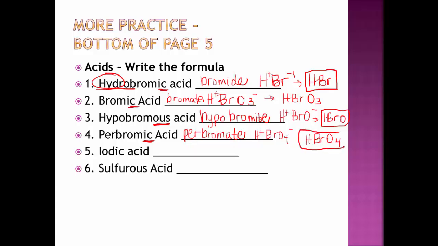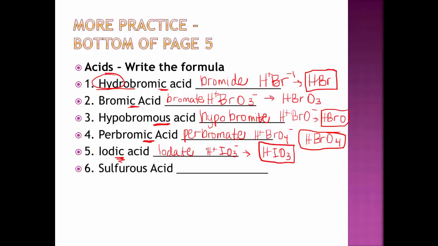Very good. And iodic acid, okay? Again, just the ic ending means it came from the ate ion, so iodate. Just like chlorate, iodate is IO3 minus. Pair it up with the H plus, you get HIO3.